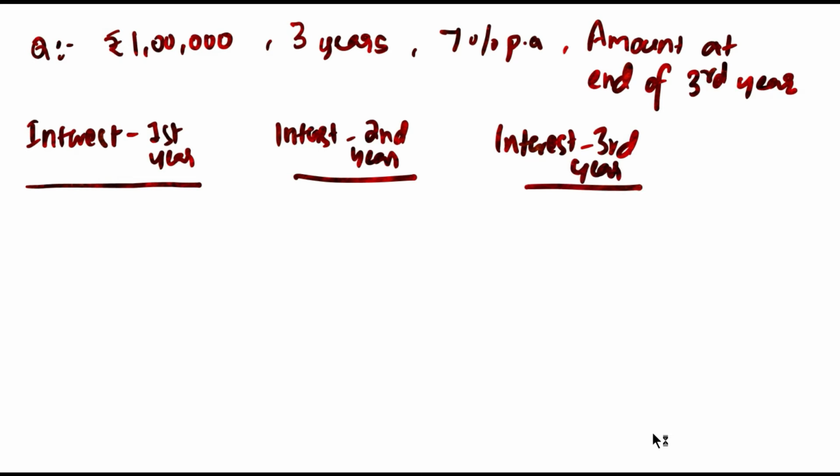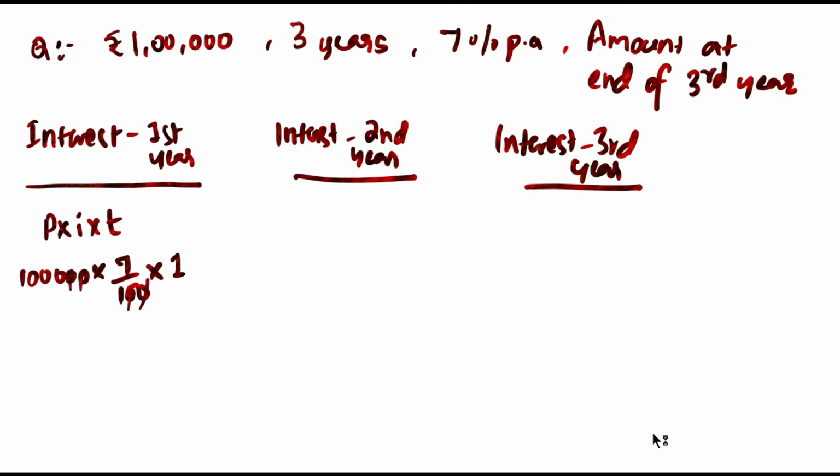So the same formula we are going to use, P into I into T. So 1 lakh into I, interest rate is 7%, into time. Time is the first year. We are calculating it for first year. So what is the answer here? So we'll cancel these 2 zeros.